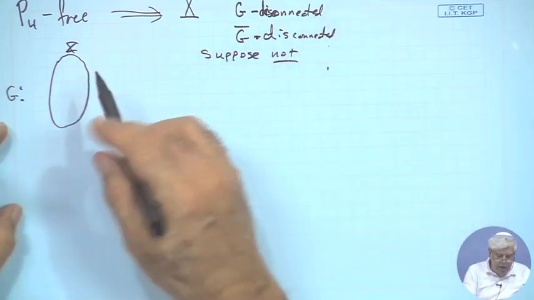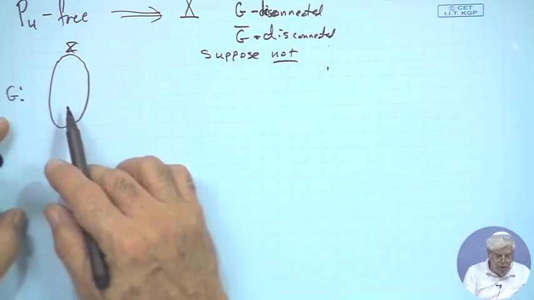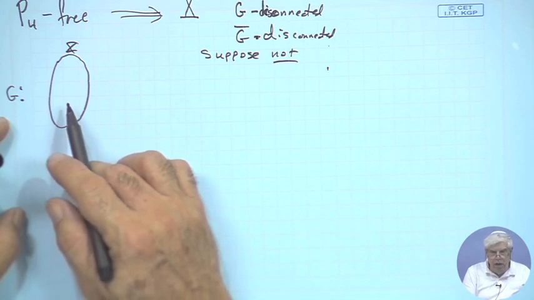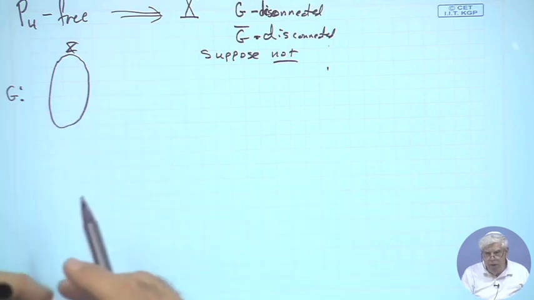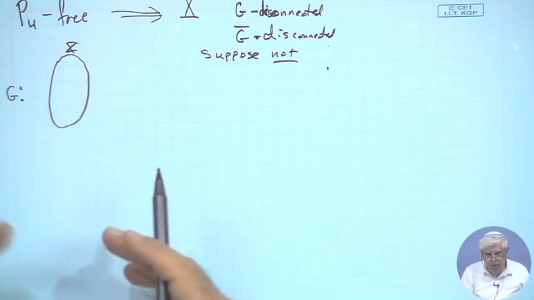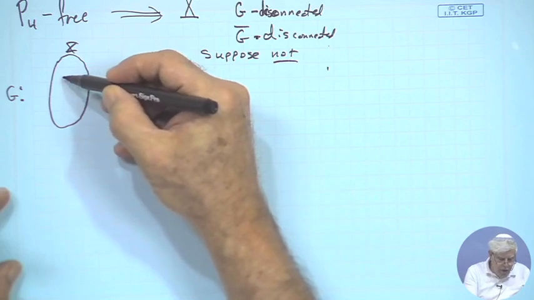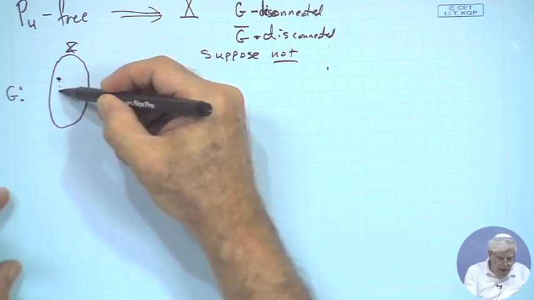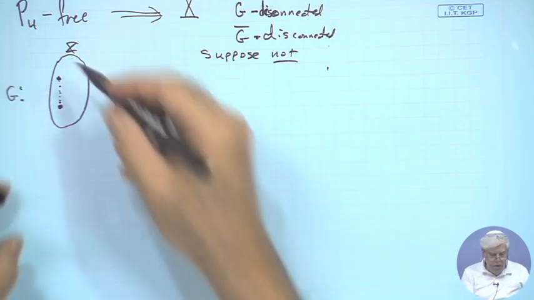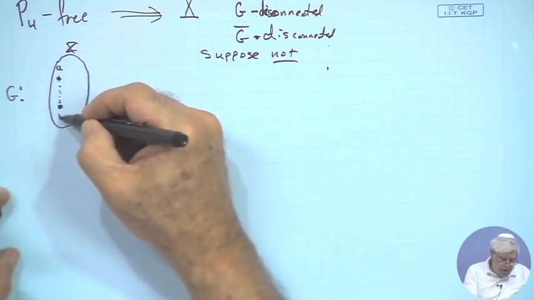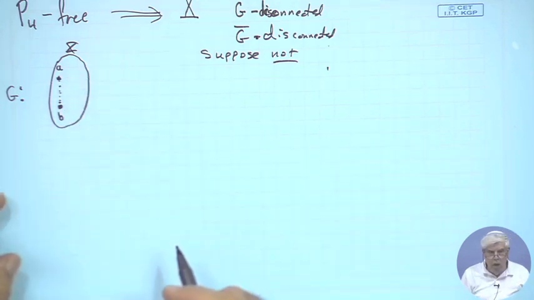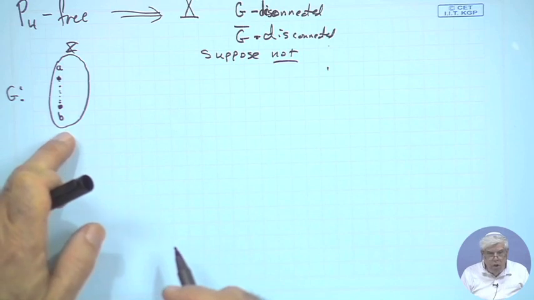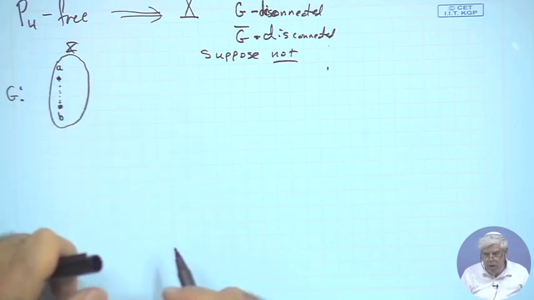X is connected in G and in G bar. If it's a clique, I'm done, because then its complement would be an independent set, which is certainly not connected. So there must be some non-edge, let's call it AB. Well, but this is connected, so there's a path between A and B.